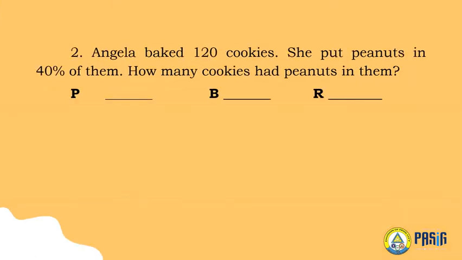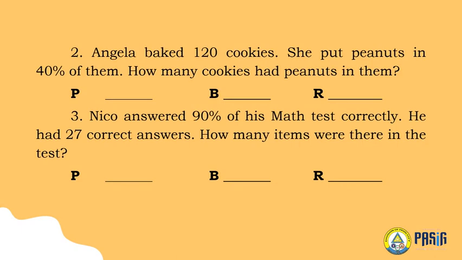Number 2. Angela baked 120 cookies. She put peanuts on 40% of them. How many cookies had peanuts in them? P blank, B blank, R blank. Number 3.